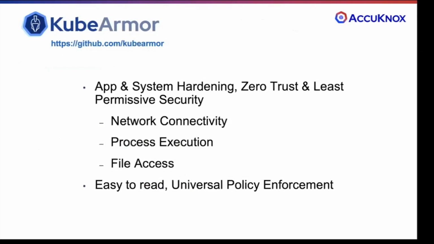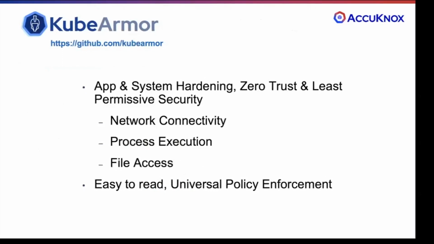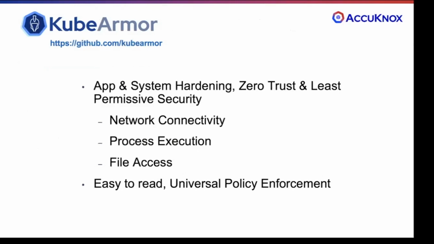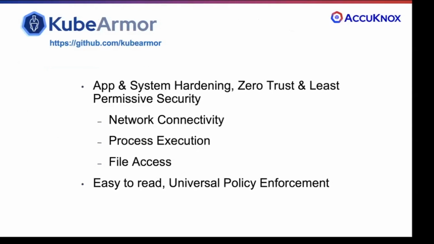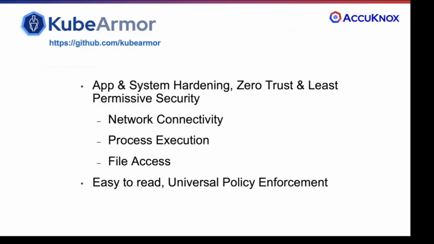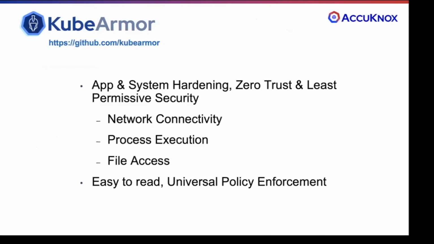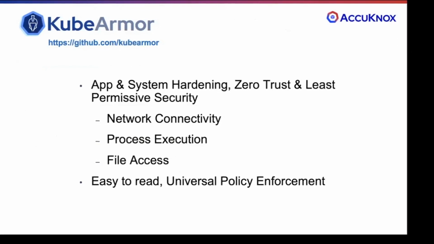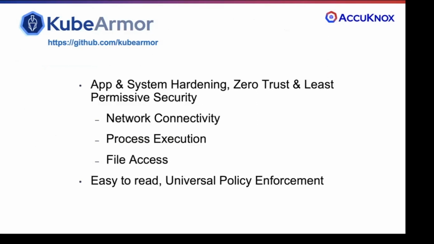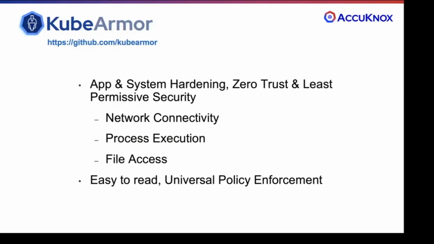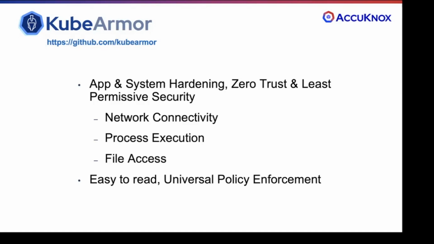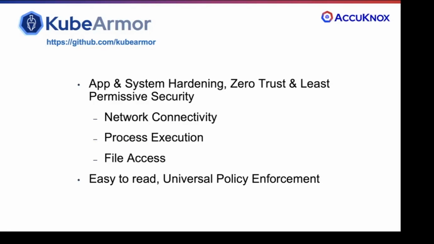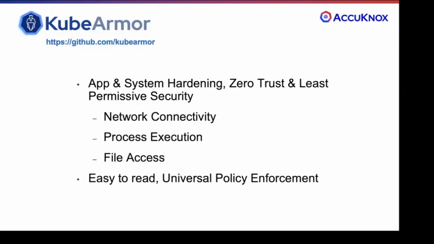So great. Now that you have a sense of what it can do for file access, think of KubeArmor as really an application and system hardening tool that allows you to implement your zero trust, otherwise known as least permissive security. It's not just for files, but also for process execution and network connectivity.